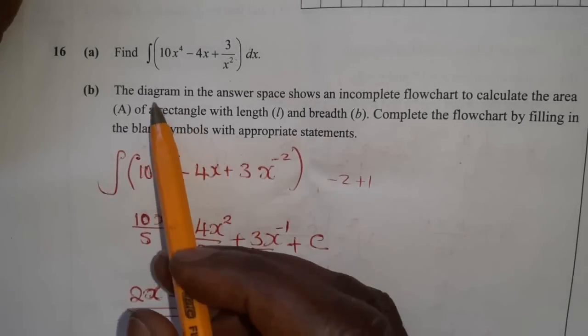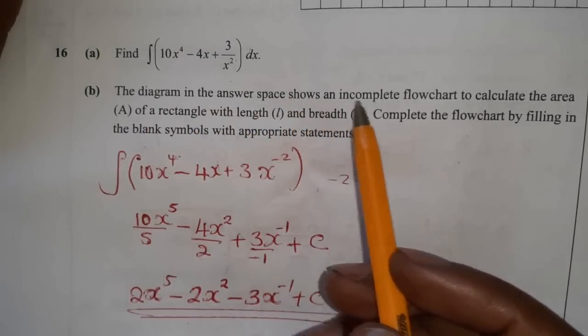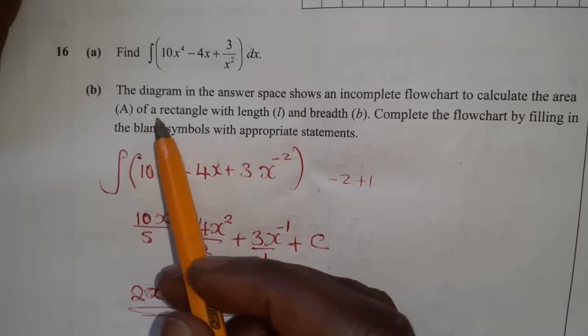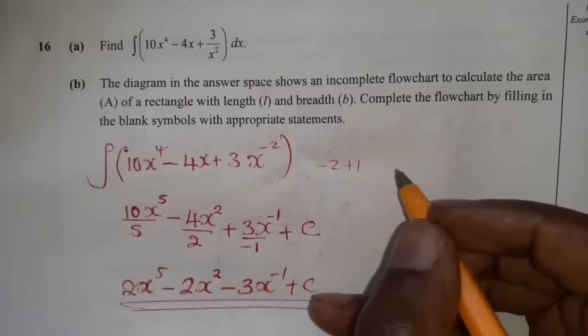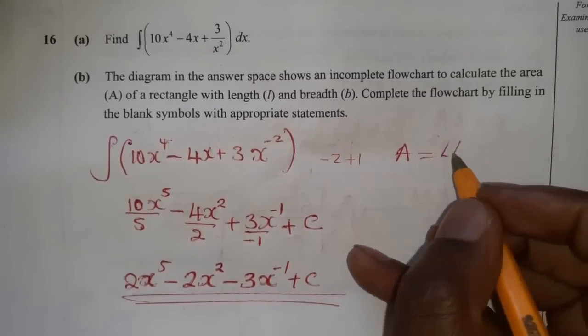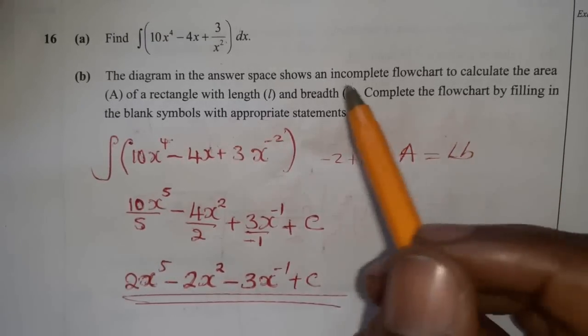Then let's look at B. The diagram in the answer space shows an incomplete flowchart to calculate the area of a rectangle. How do we calculate the area of a rectangle? A is equal to L multiplied by B. Complete the flowchart by filling in the symbols with appropriate ones.